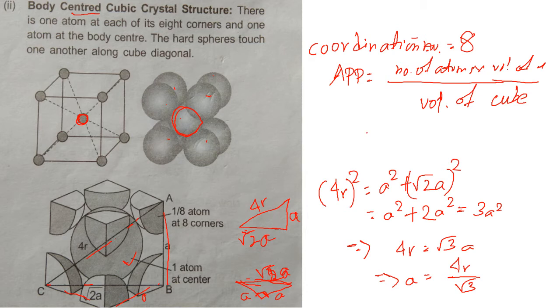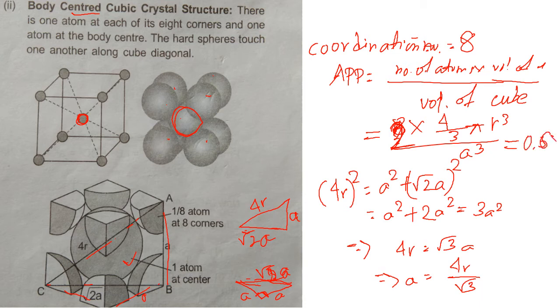That is 2 into 4 by 3 pi r cubed by a cubed. How did you get 2? Number of atoms equals 2. Using the formula, the atomic packing factor is 0.68. Then void equals 1 minus 0.68, equal to 0.32.